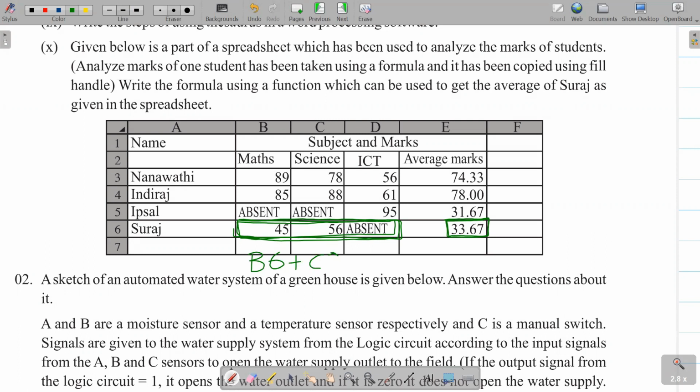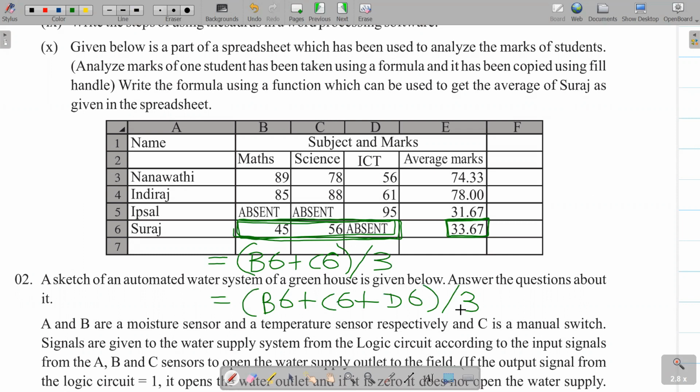So either you can say B6 plus C6 divide by 3. Or you can say B6 plus C6 plus D6 divide by 3. Still you are getting the answer.